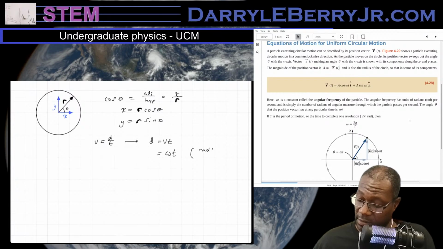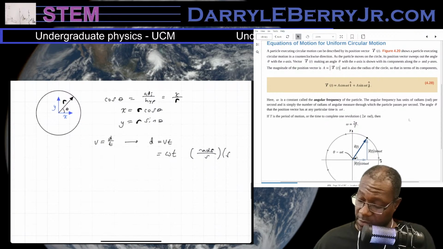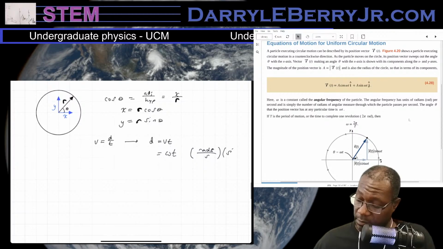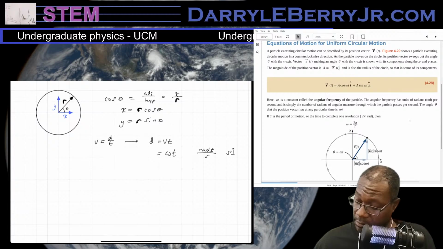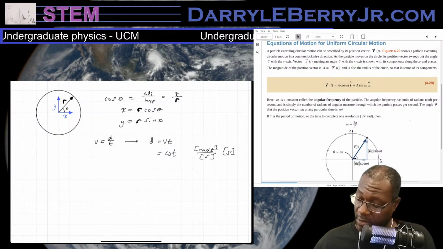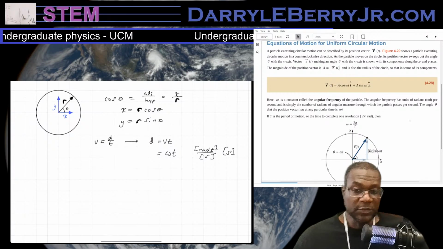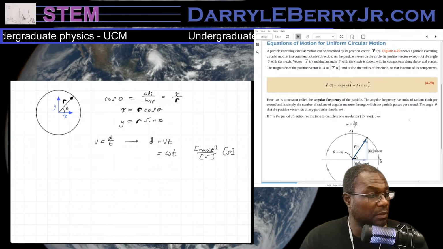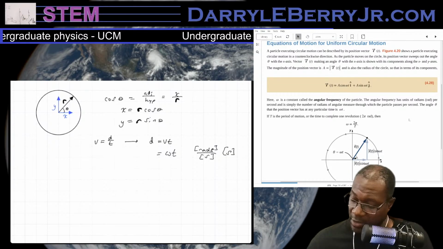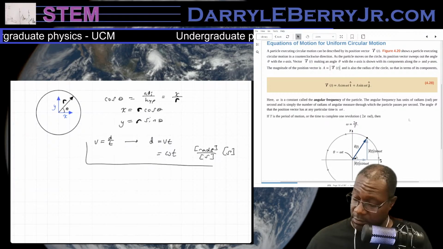So that's radians per second times seconds, as far as the units that are going on here. I think radians is actually a unit, but we'll still put it in the box. I'll also plug that in.